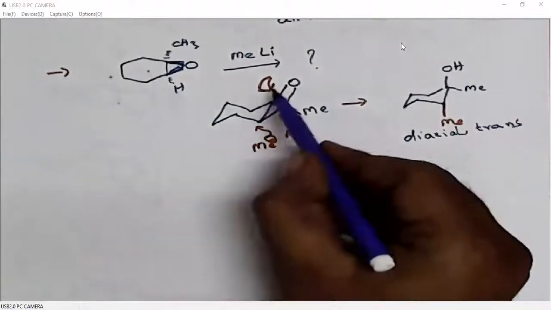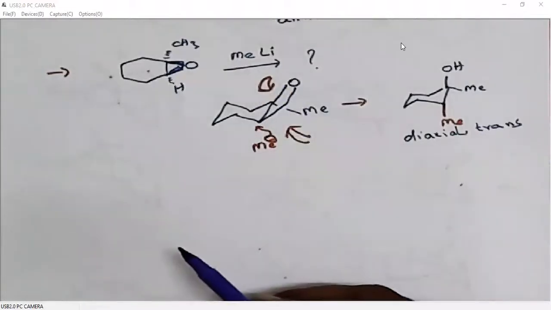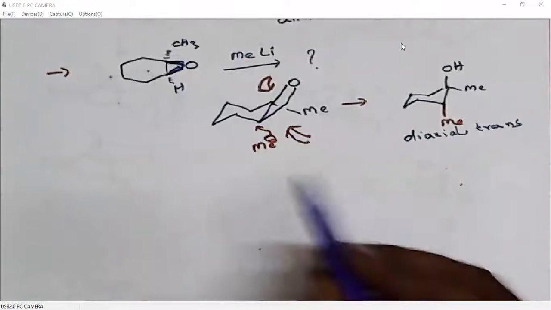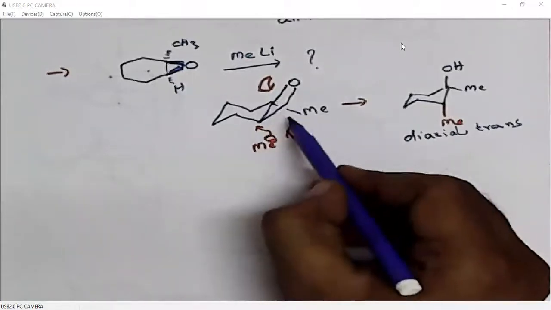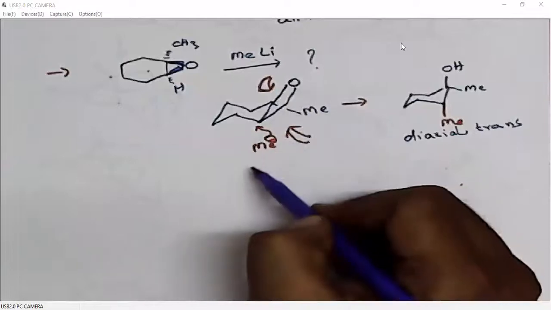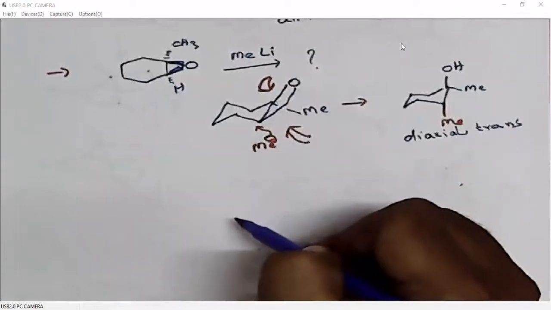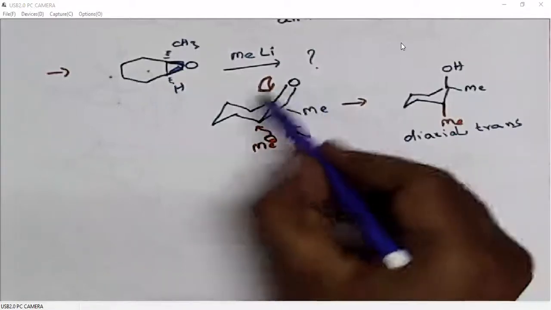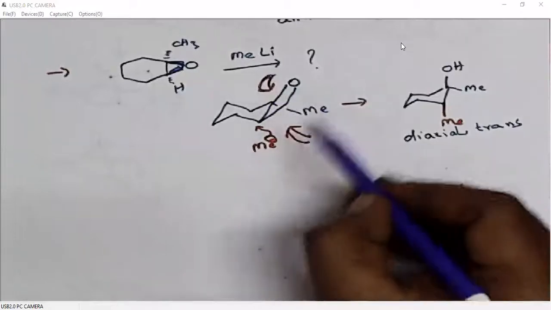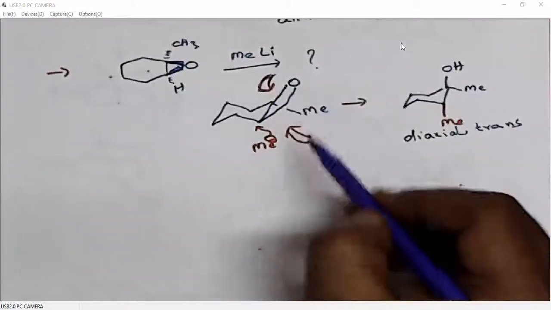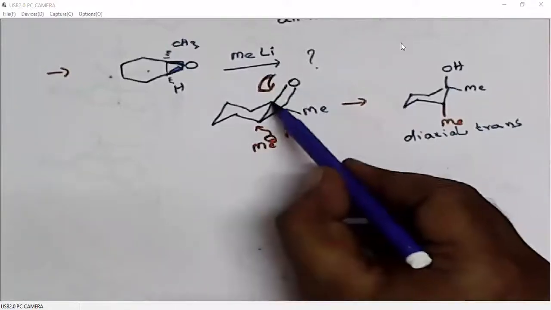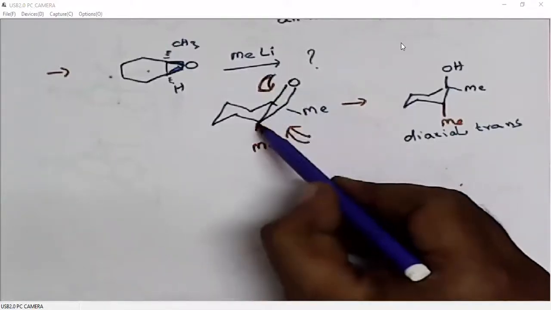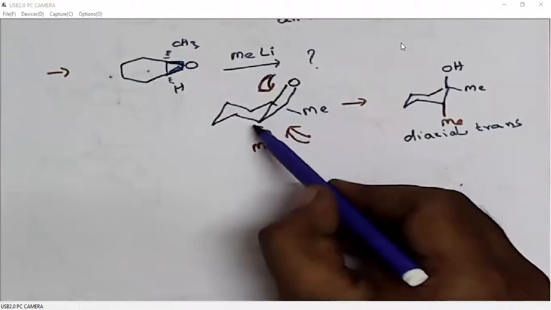When we want to open it from this face, it is not possible because below the plane is already occupied. So this carbon is a sterically crowded carbon, whereas this carbon is a less sterically crowded carbon.